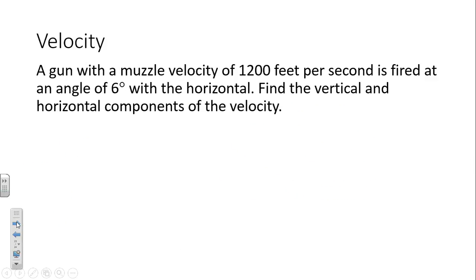Okay, velocity. It can be a force acting on an object at an angle, right? We can also talk about a velocity, the speed of a pitcher, the speed of a gun, of a bullet, right? And so we want to figure out the vertical and horizontal components of the velocity of a gun that's firing 1,200 feet per second at an angle of 6 degrees with the horizontal.